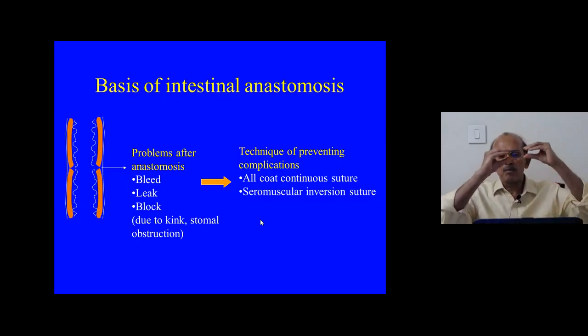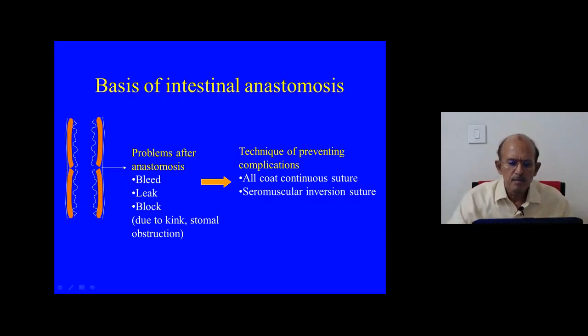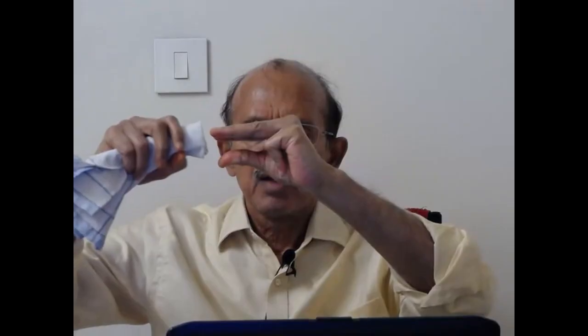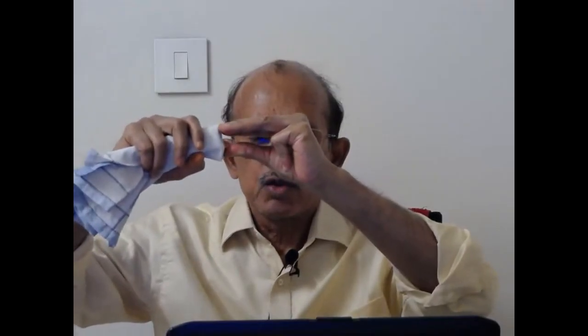Bowel, when they are anastomosed, now suppose this is a bowel, this is bowel. You anastomose these two together. When you just anastomose it like this, first initially what they did was they did the experiments in the dog.